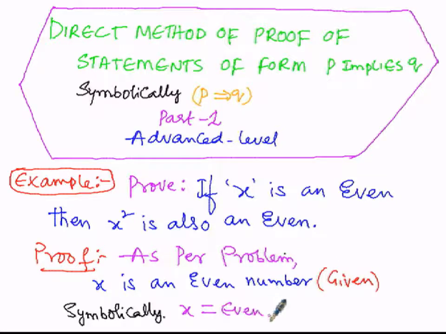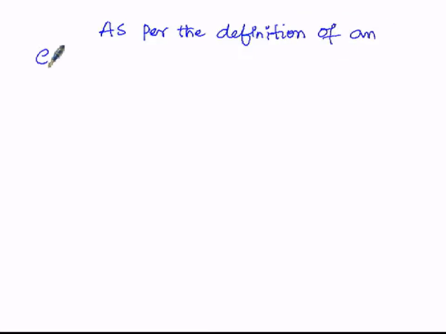According to the definition of an even number, an even number is given by 2 multiplied with any integer.